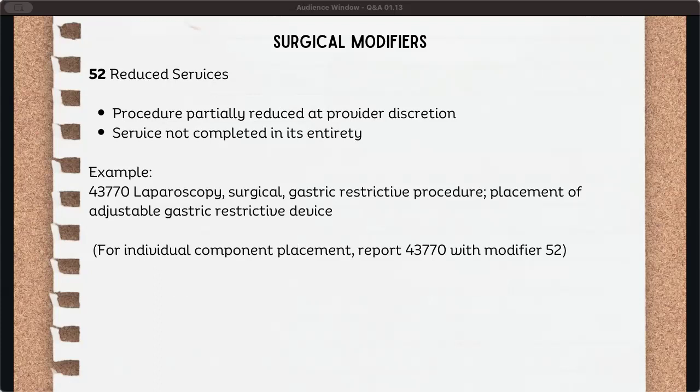Sometimes you will see a parenthetical instruction that explains additional circumstances when you should use a modifier 52. So if you look at CPT code 43770, there is a parenthetical instruction that states to report modifier 52 with 43770 if there is an individual component placed of that gastric restrictive device.